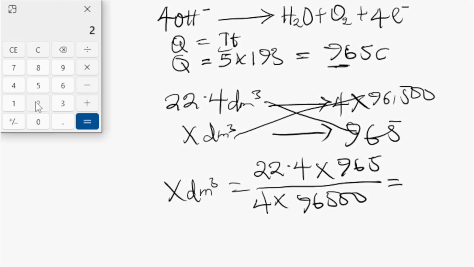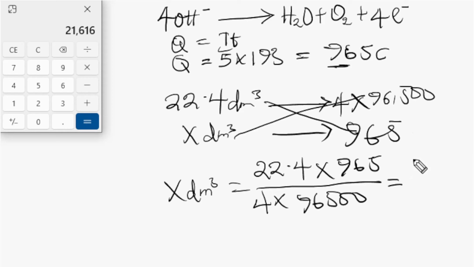22.4 dm cube times 965 coulombs will be 21,616.